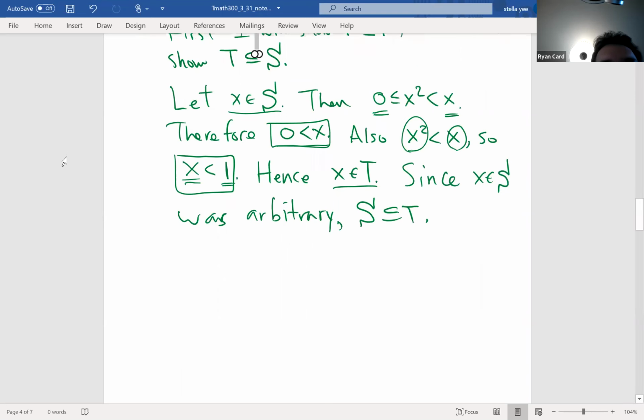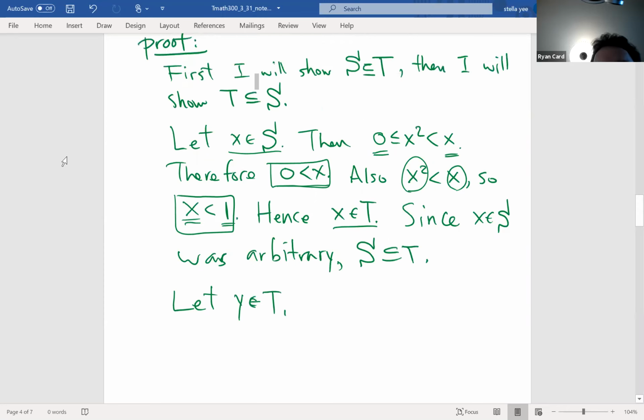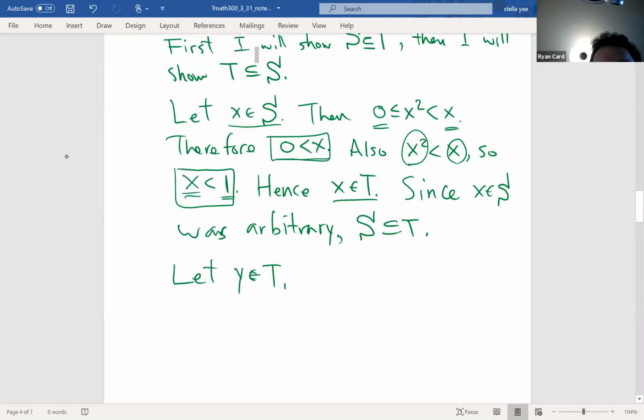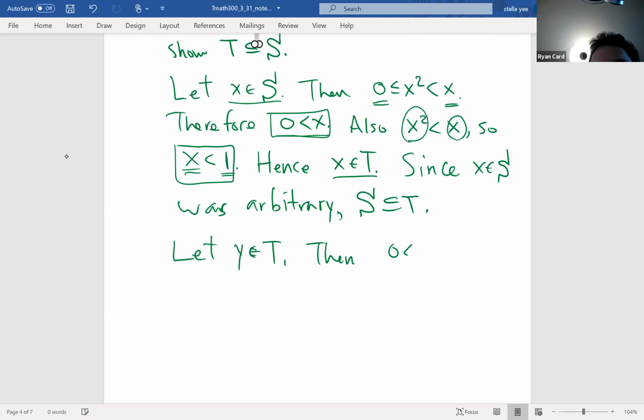Okay, now let y be an element of T. This means that this element y is somewhere between 0 and 1.